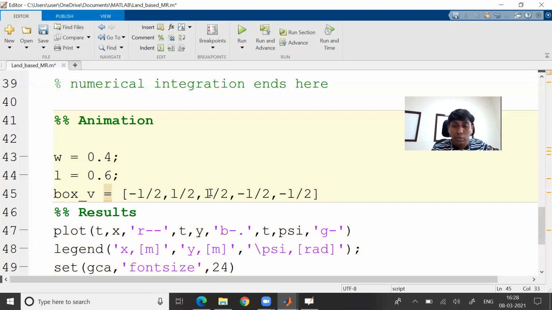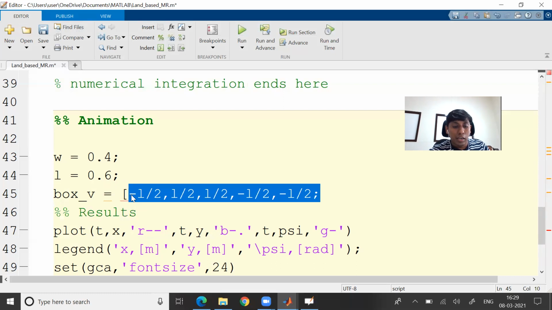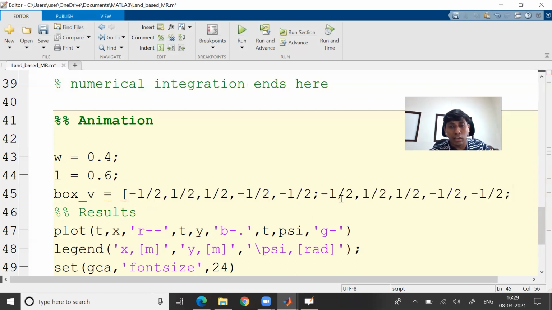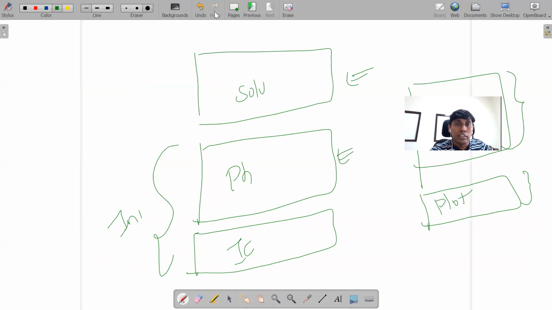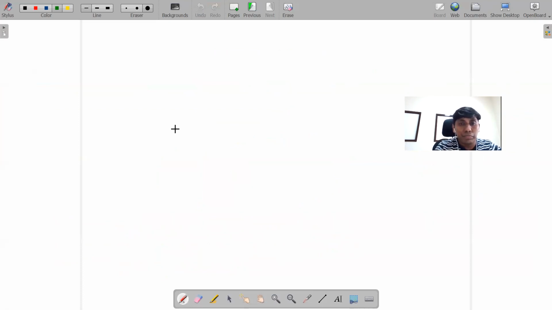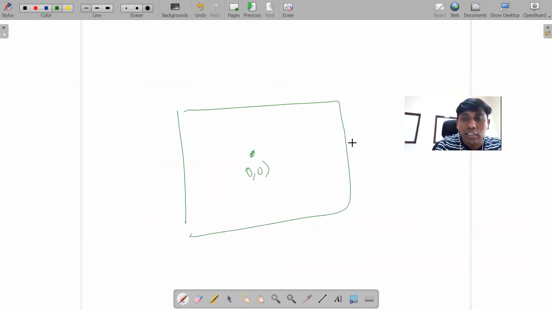This is the X side of the box, and the Y side of the box is W, so this is minus W. I'll show you that in a picture. Here I made one point, which is 0, 0, but I have a vehicle which has W as the width and L as the length.